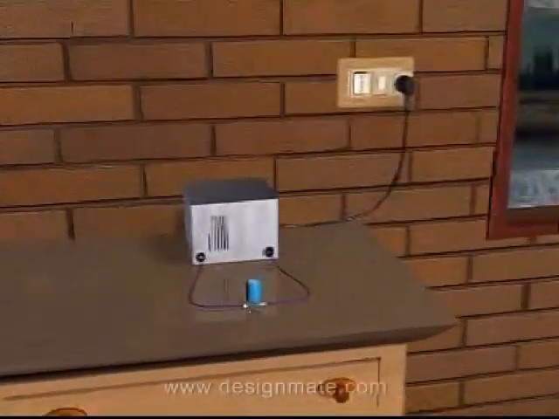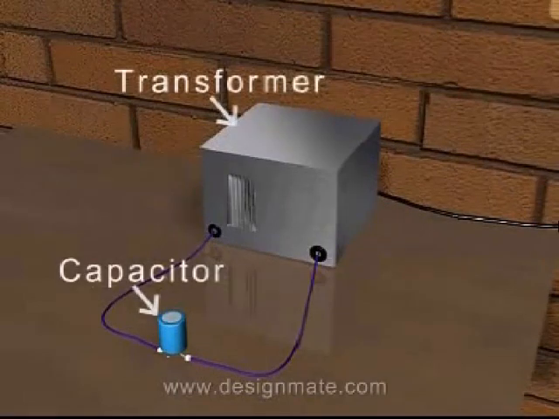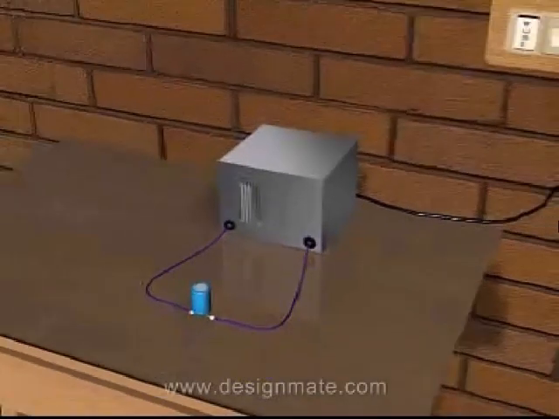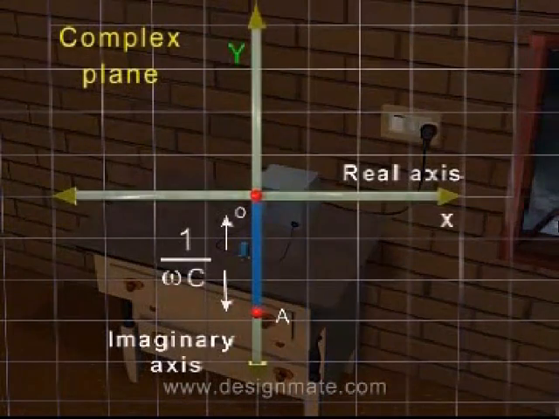2. AC circuit having only a capacitor. The impedance Z appropriate to this situation is shown by point A in the complex plane.